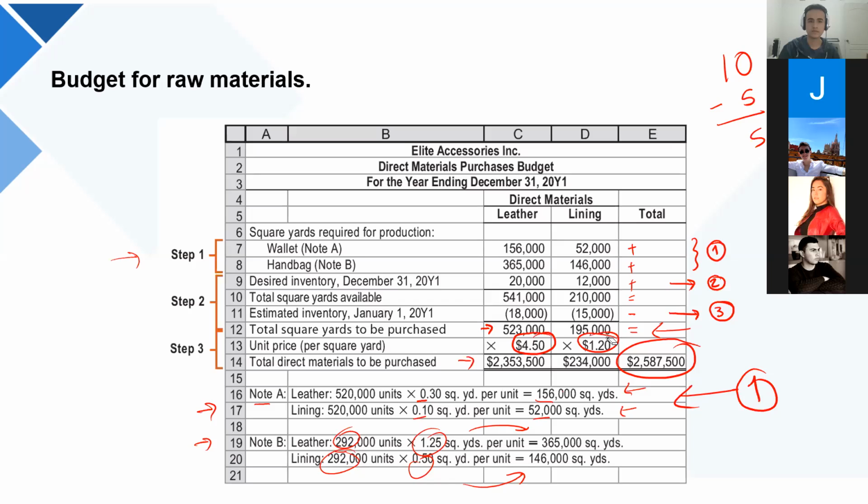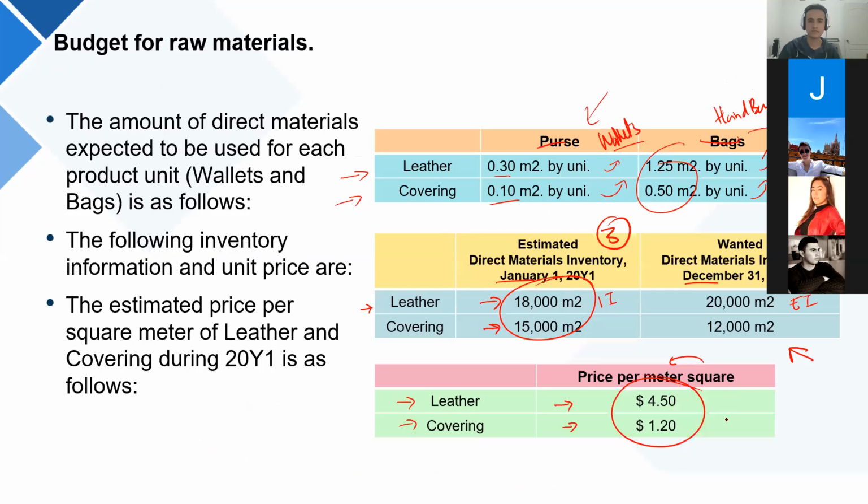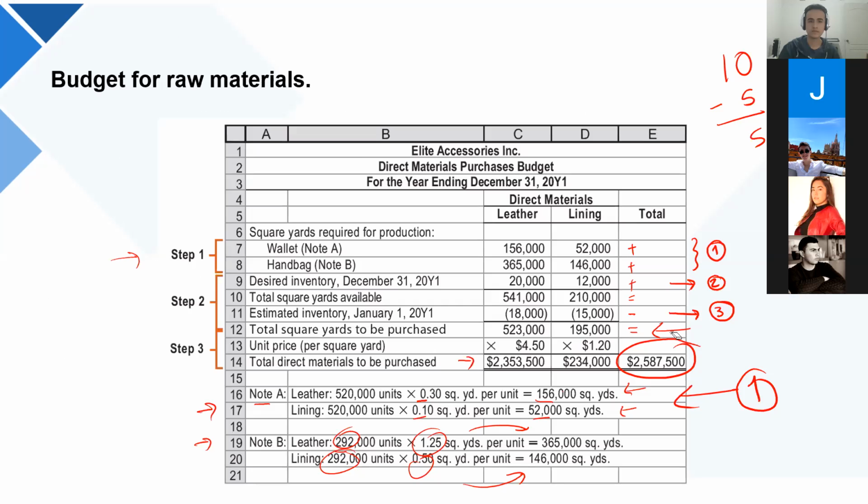Now I have the budget in units. I need the budget in money. So I need to multiply the budget in units times the price per unit. The price per unit is here. So that will be the final step, the multiplication.